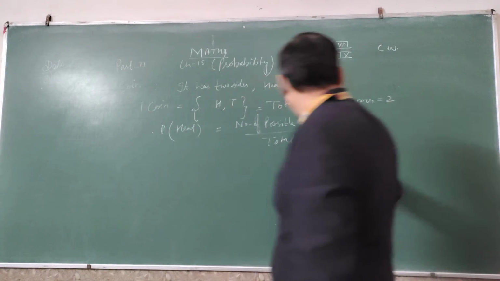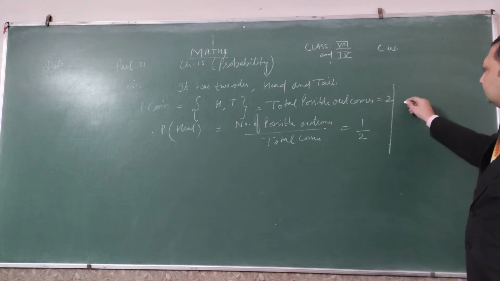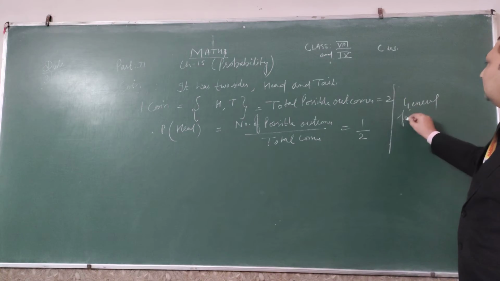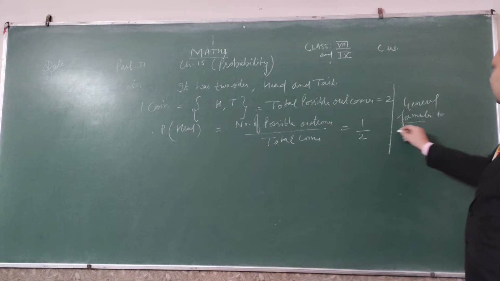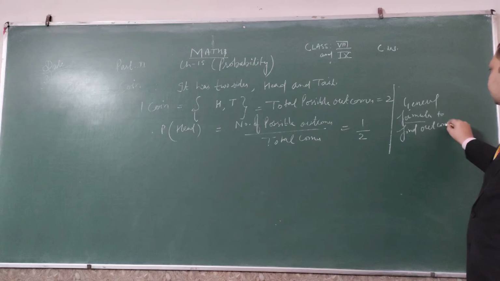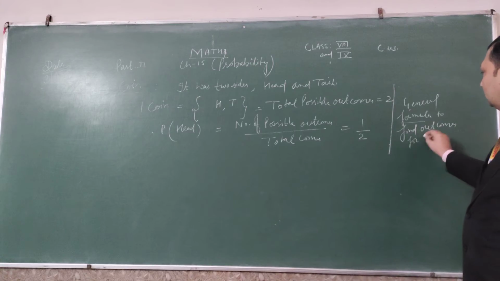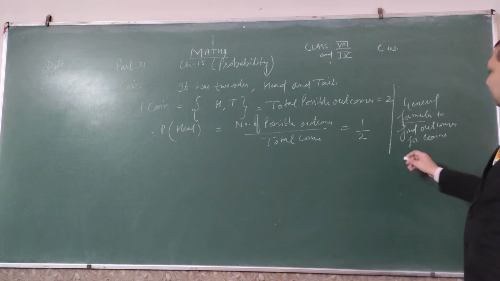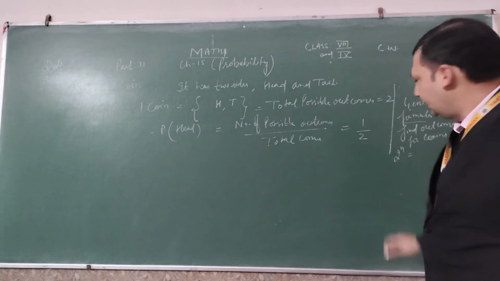See, the general formula we will take for the coin, the general formula to find outcomes for coins, is 2 to the power n.